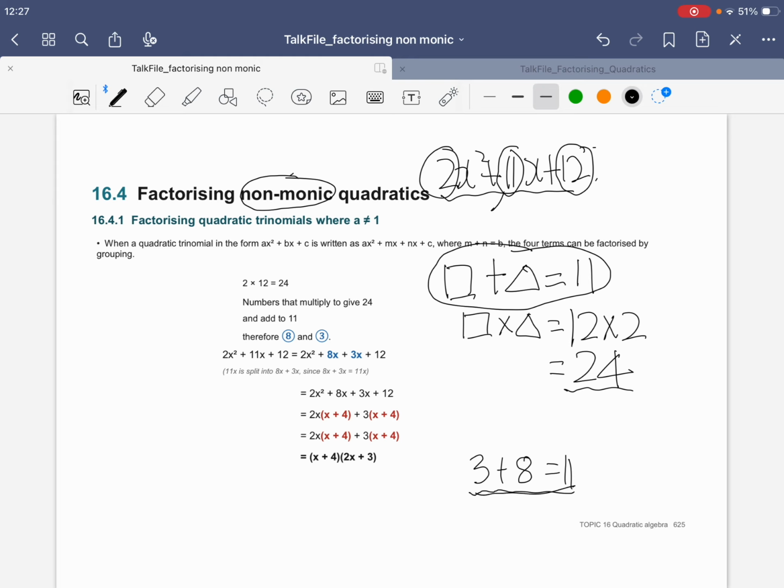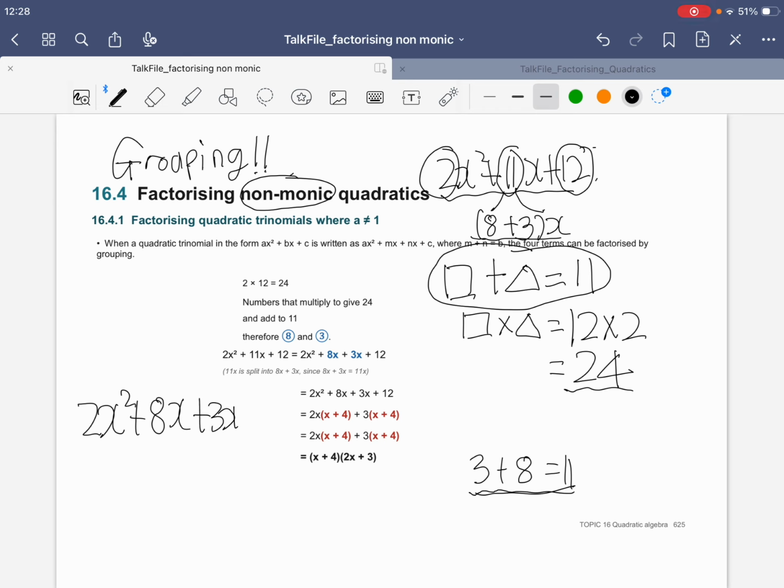What we are gonna do is split this 11x into 8x plus 3x, because this is the pair of numbers that we just found, 8 and 3. So we are gonna write this down again in a different form. For your information, this method is also called grouping. We get 2x squared plus 8x plus 3x plus 12.